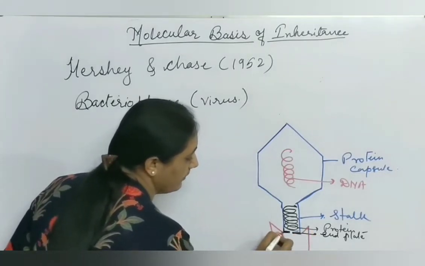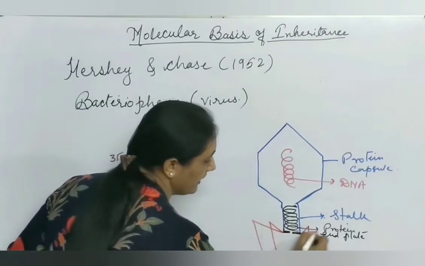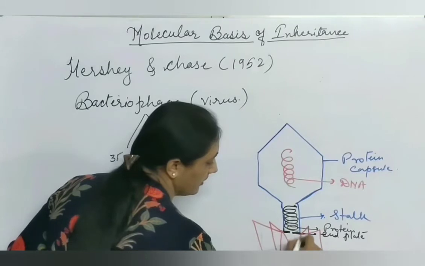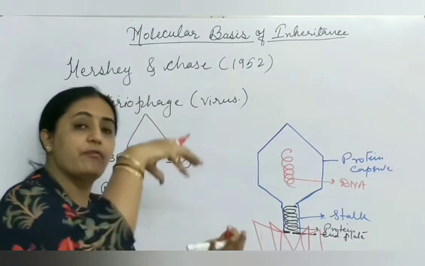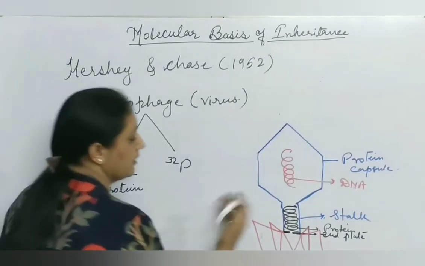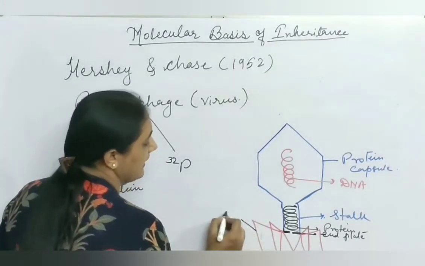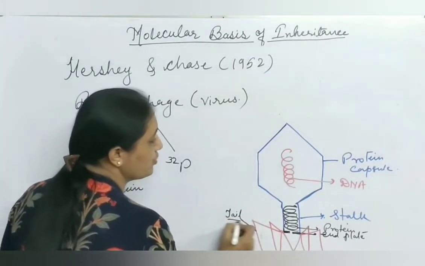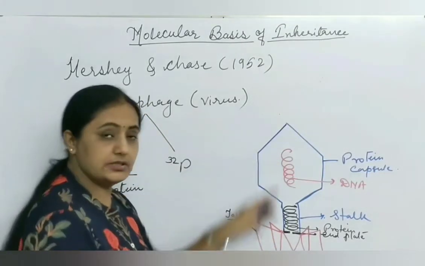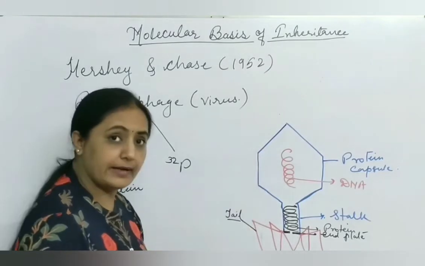You can call them leg-like structures, or tail-like structures, for fixation. So these tail-like or leg-like structures will be used by this virus to fix on the bacterium. So this is the structure of the virus, bacteriophage.